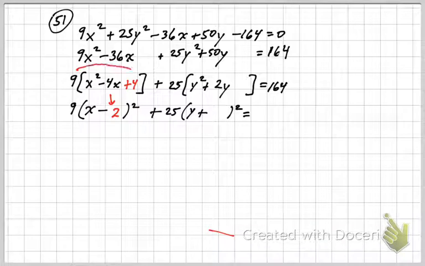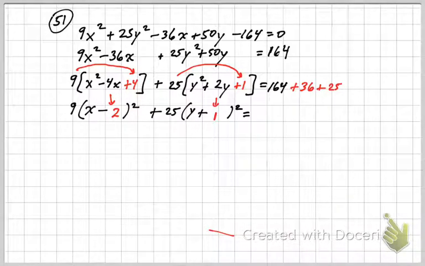In reality, you added 9 times 4, or 36, so I'm going to add 36 to the other side. What's half of 2? That goes here, 1. 1 squared is 1. In reality, I added 25 times 1, so I have to add 25 to both sides. What do I get? I believe those add to 225.